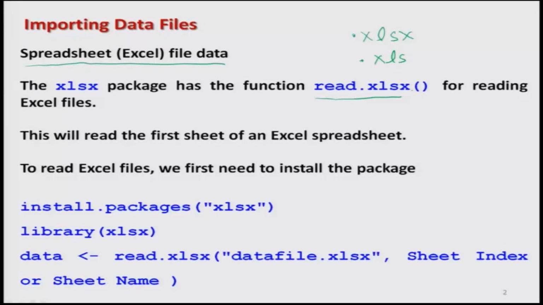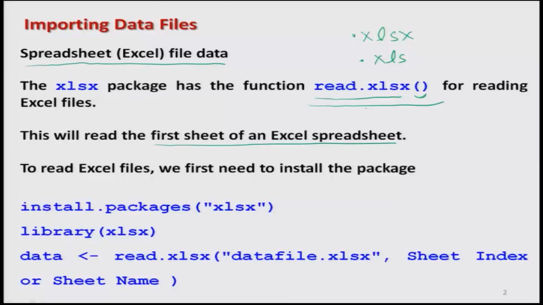In order to read a file which is created in Excel, we have a command read.xlsx, and then inside the arguments we have to write down the file name. But when I use this command, it is going to read only the first sheet of the Excel spreadsheet. When we create an Excel file, it is possible to create different sheets inside the same file.